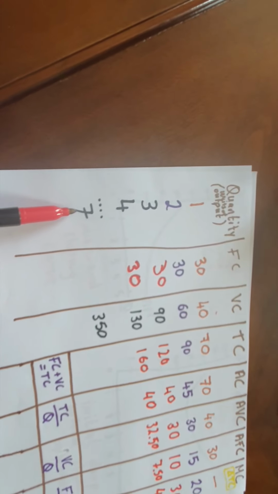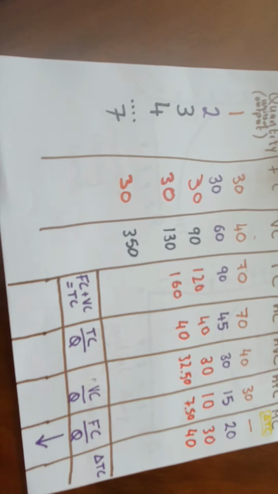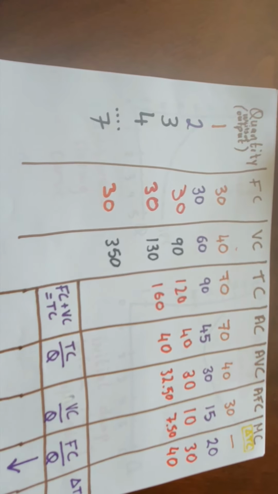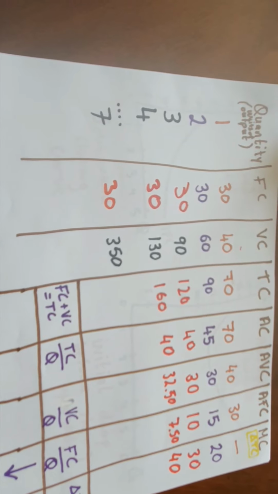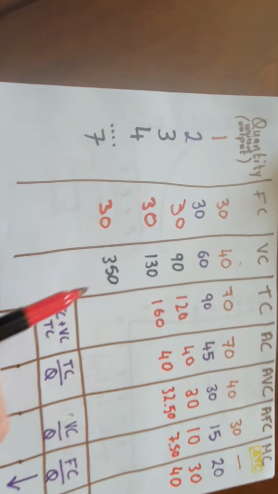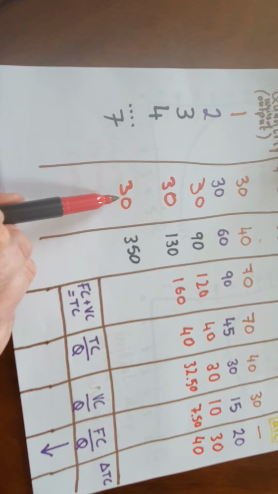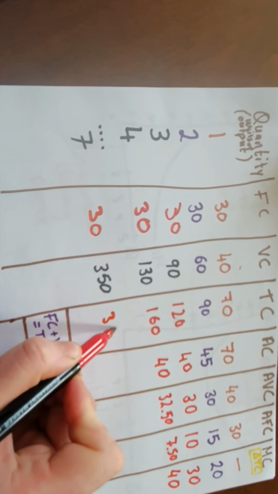7 then. So again, we're going to work out the figures for producing that 7th good. So our fixed costs remain at 30. What happens then? Well, our total costs are going to be the same. It's fixed costs plus variable costs, which is going to be 350 plus our 30, which gives us 380.